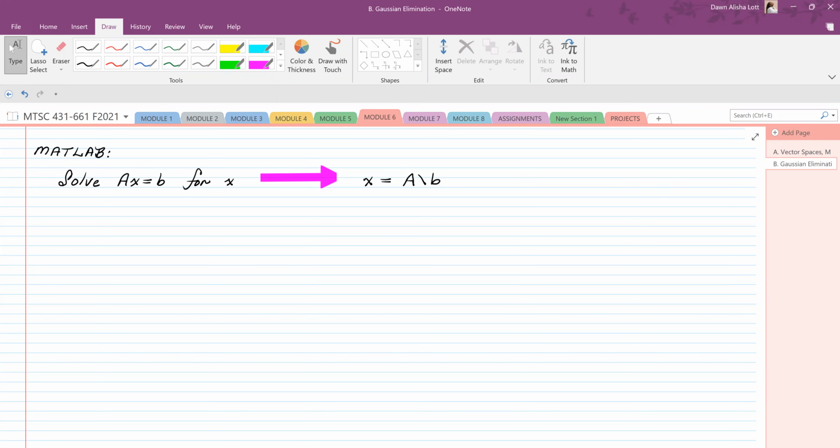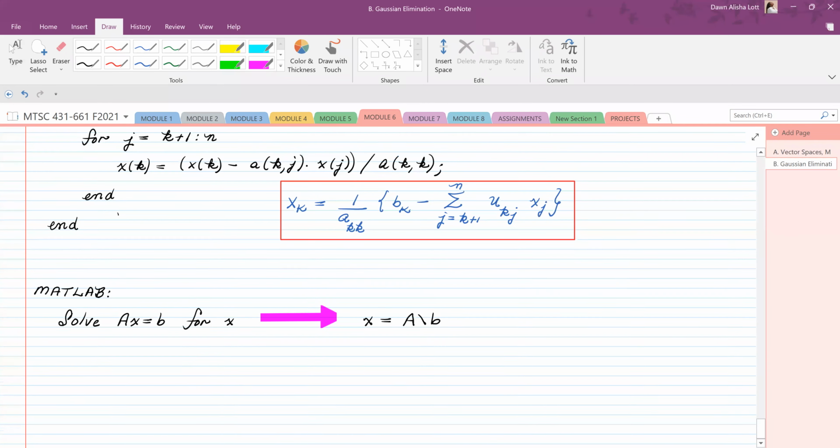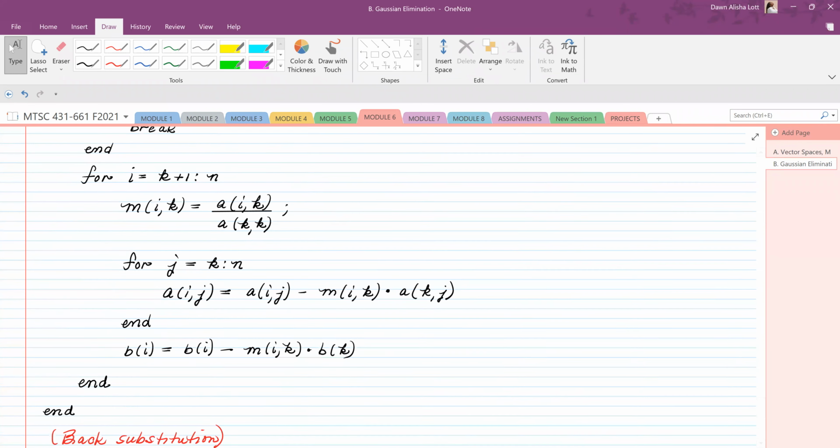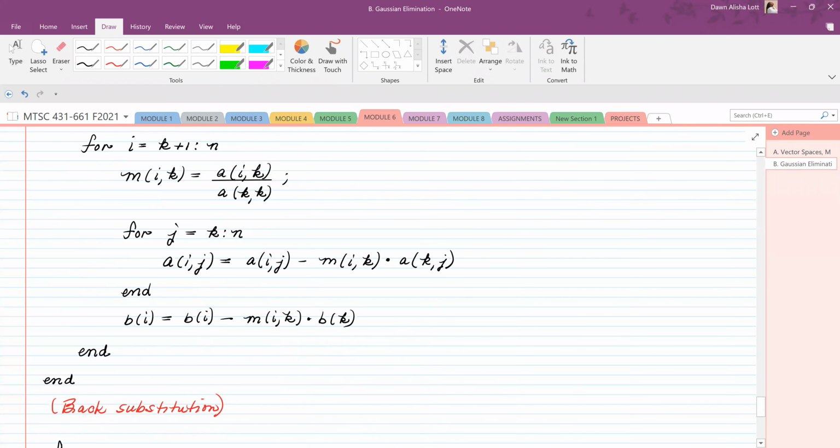Okay, so let me say something about row interchanges. Number 5.